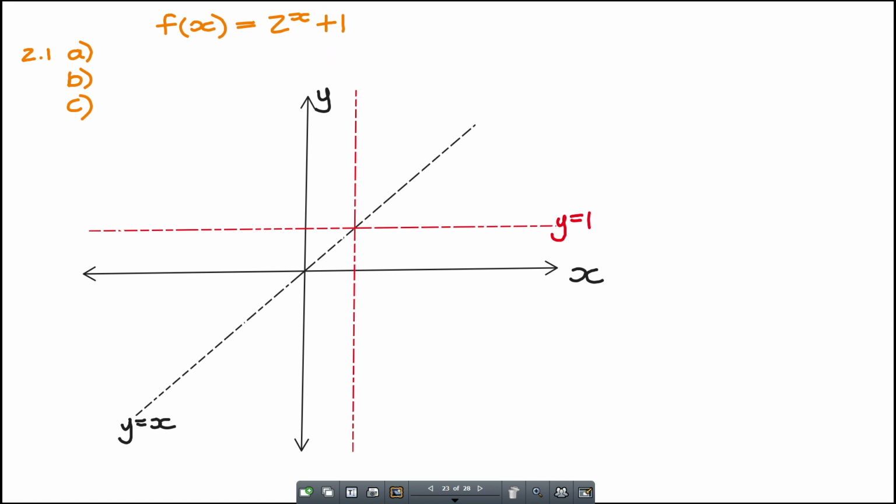I'm going to talk about that other line just now. So what's going to happen here is, if I draw f(x), it cuts here where y is 2, and it cuts there where x is 1, and y is 3.